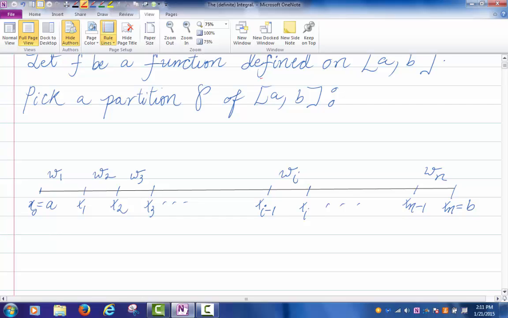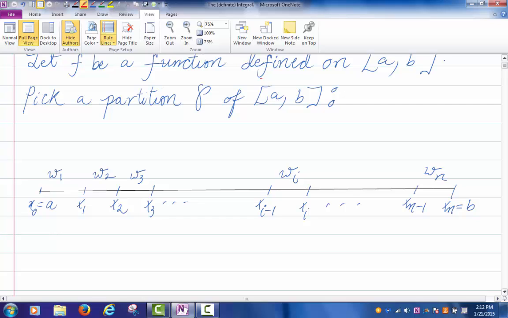Now, once I pick these partition points, it divides the interval into smaller subintervals. How many subintervals do I have? Notice the first subinterval is between x0 and x1. The word first goes with the index of the right-hand point of the subinterval.